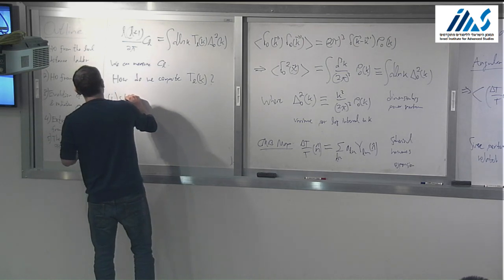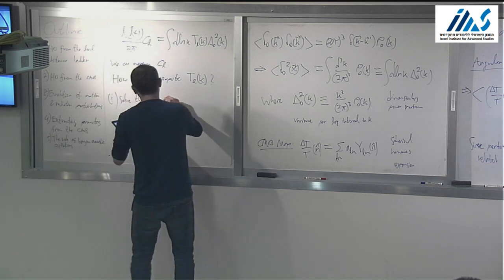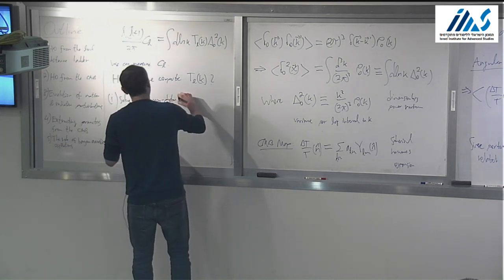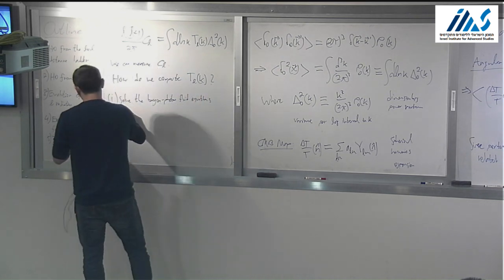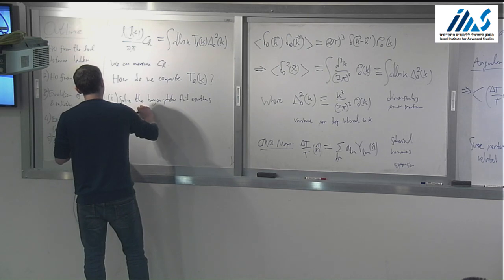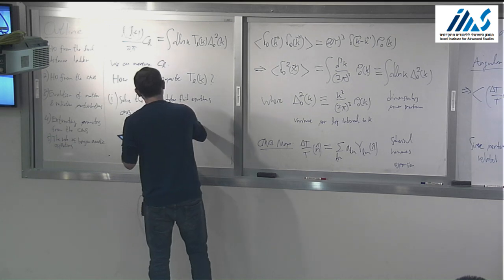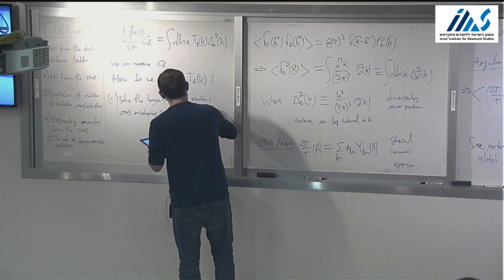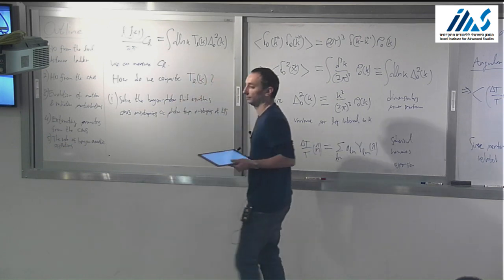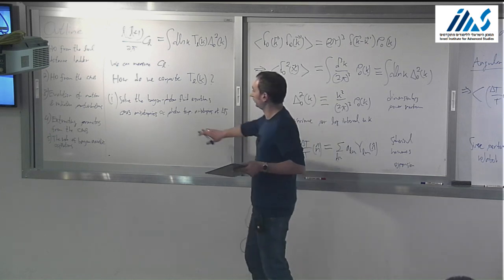The first step is to solve the baryon photon fluid equations. CMB anisotropies are roughly photon temperature anisotropies at the last scattering surface. This is not entirely correct, but this is the dominant component at least.